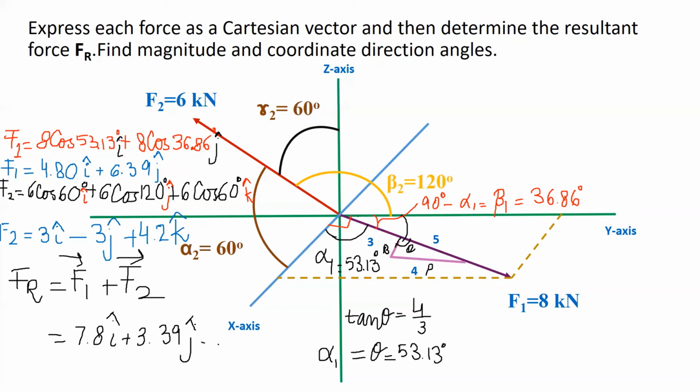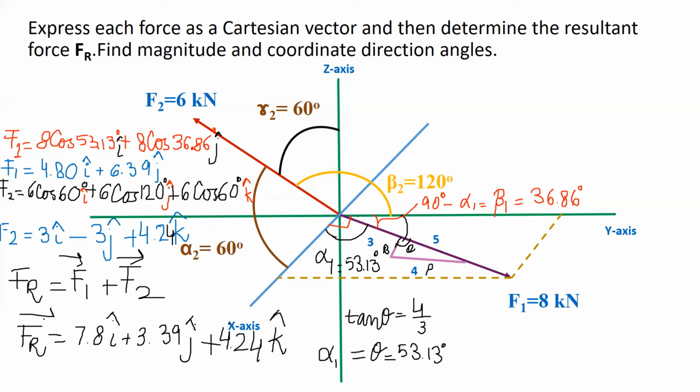Then you add the last one, whose k component is 4.24, so 4.24 k. I forgot to write down 4 here. So this is your FR, the resultant force in Cartesian vector form.